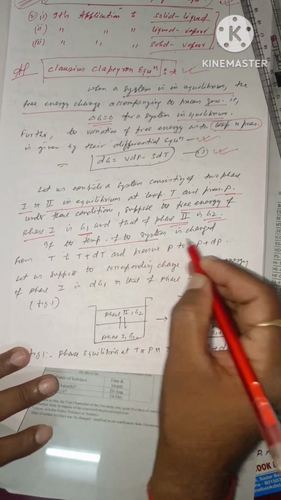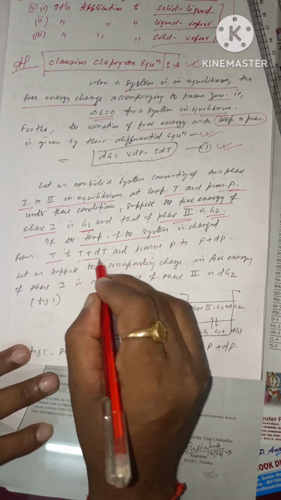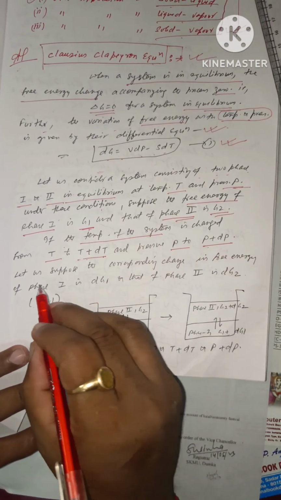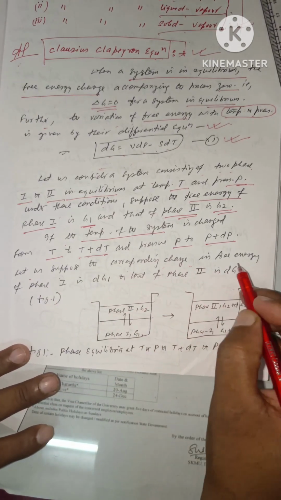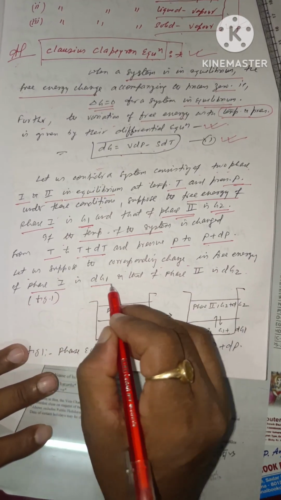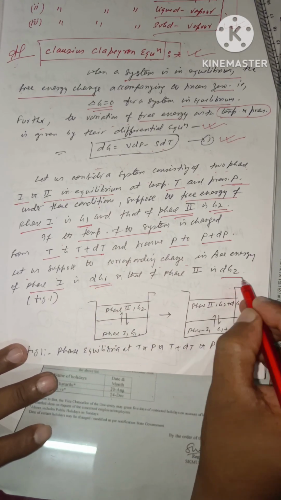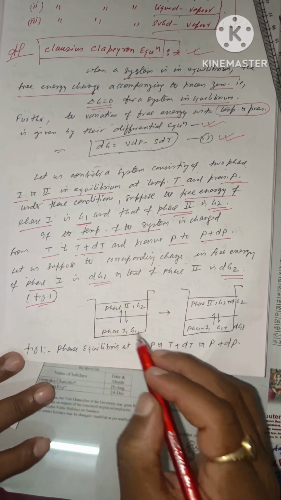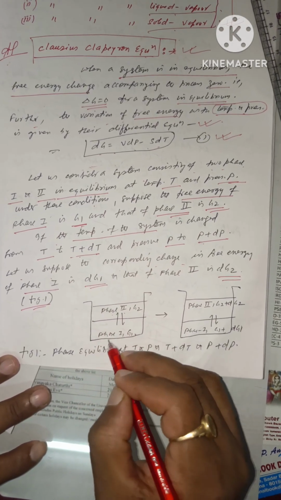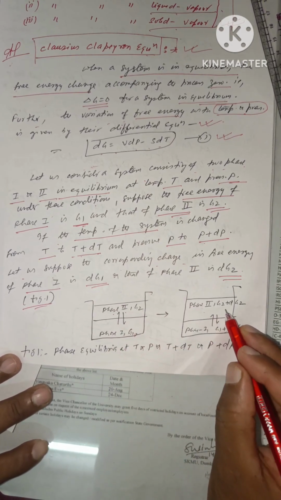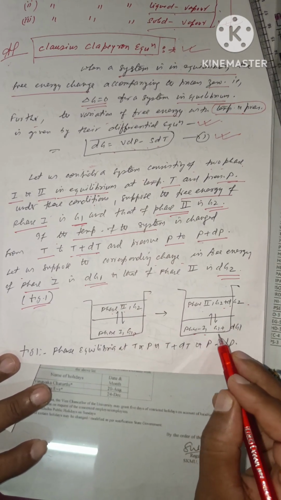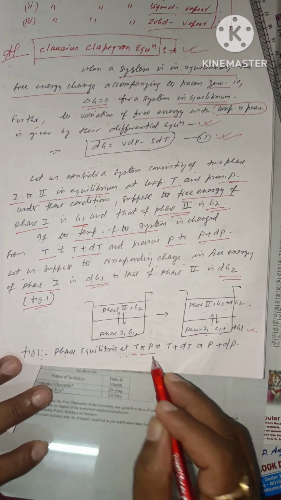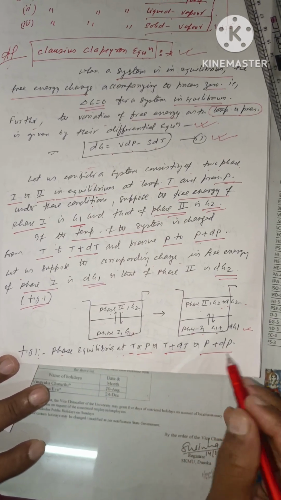If the temperature of the system is changed from T to T plus dT, a small change, and pressure from P to P plus dP, a small change in pressure, let the corresponding change in free energy of phase 1 be dG1 and that of phase 2 be dG2, as shown in figure 1: phase equilibria at temperature T plus dT and pressure P plus dP.